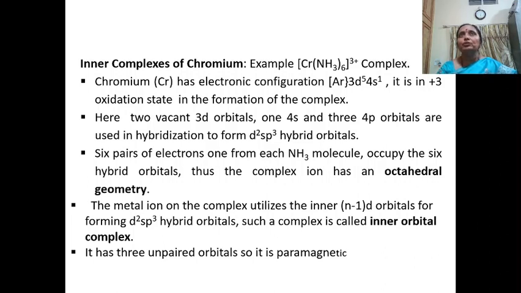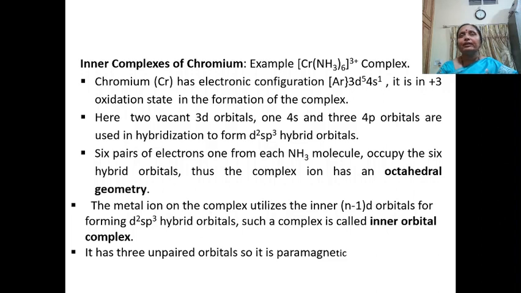Here the 2 vacant 3d orbitals, 1 4s orbital and 3 4p orbitals are used for hybridization to form d2sp3 hybrid orbitals. So I now have 6 d2sp3 hybrid orbitals.